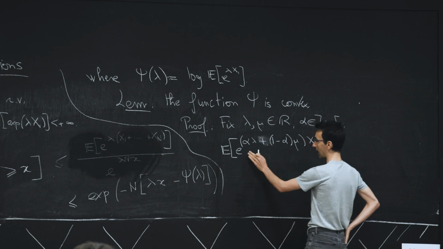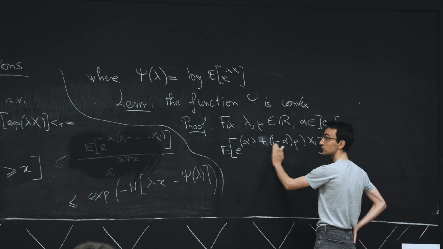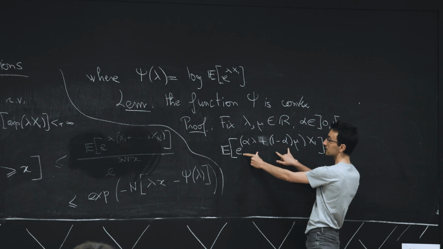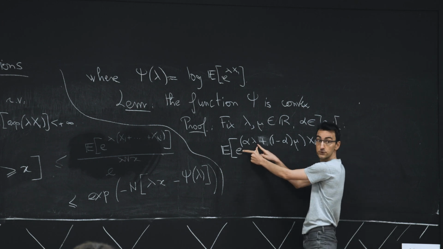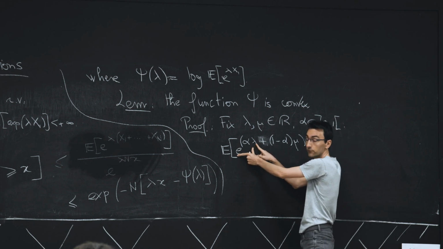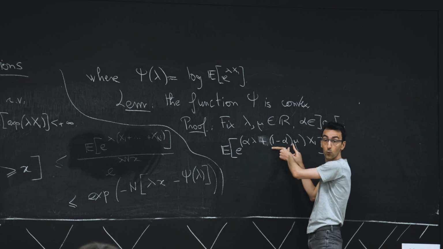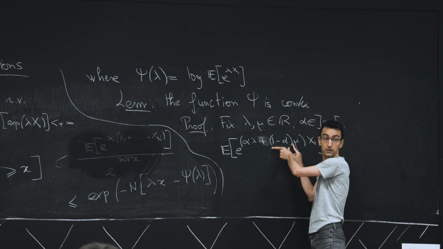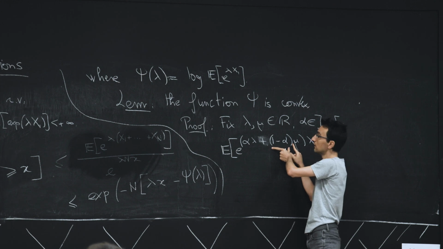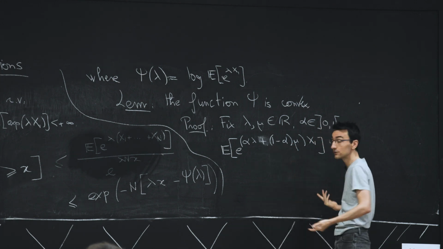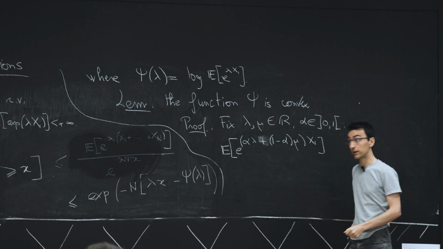And so I write this exponential of a sum as a product of exponentials. And what I want to do is raise each of these terms to the power, one at power 1 over alpha, and the other at power 1 over 1 minus alpha. And that kind of reminds us of Hölder's inequality, and you can observe that indeed you're in a good position to apply Hölder's inequality here.